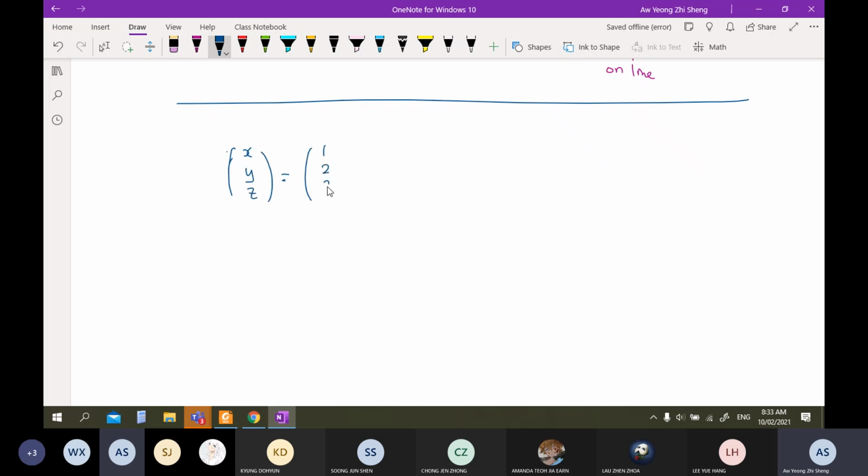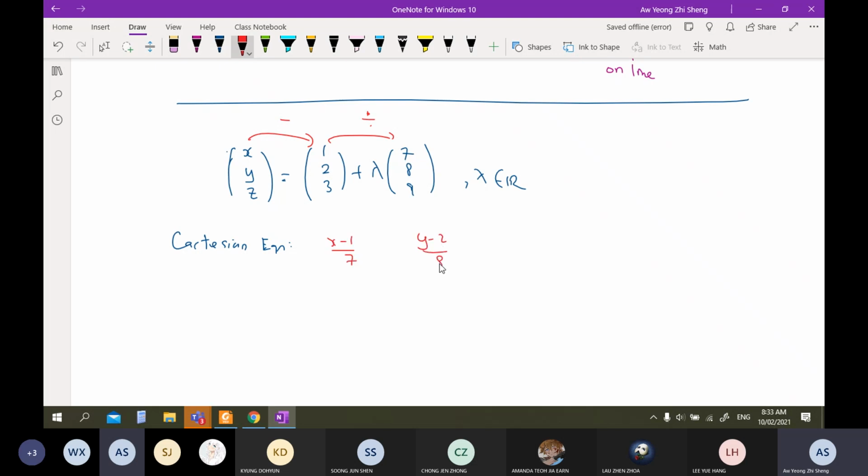Let's say this is 1, 2, 3 plus lambda 7, 8, 9. Then the way to convert it to Cartesian, and recall the shortcut, you have minus and then the whole thing divided by the number in the direction vector. So you have x minus 1 over 7, y minus 2 over 8, z minus 3 over 9, then connect everything by an equal sign.